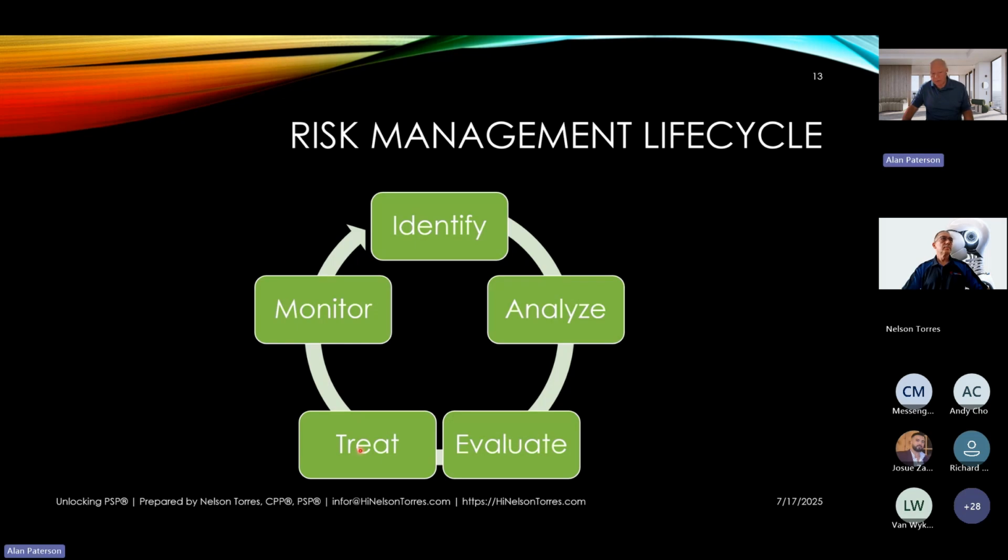Treat: select controls or strategies to mitigate, transfer, or accept the risk. We'll talk about that in the next slide. That can be quite interesting. And monitor: review and update assessments and controls regularly. This is a cycle. You're always looking at this and updating as necessary as your business needs change or your facility has changes within.